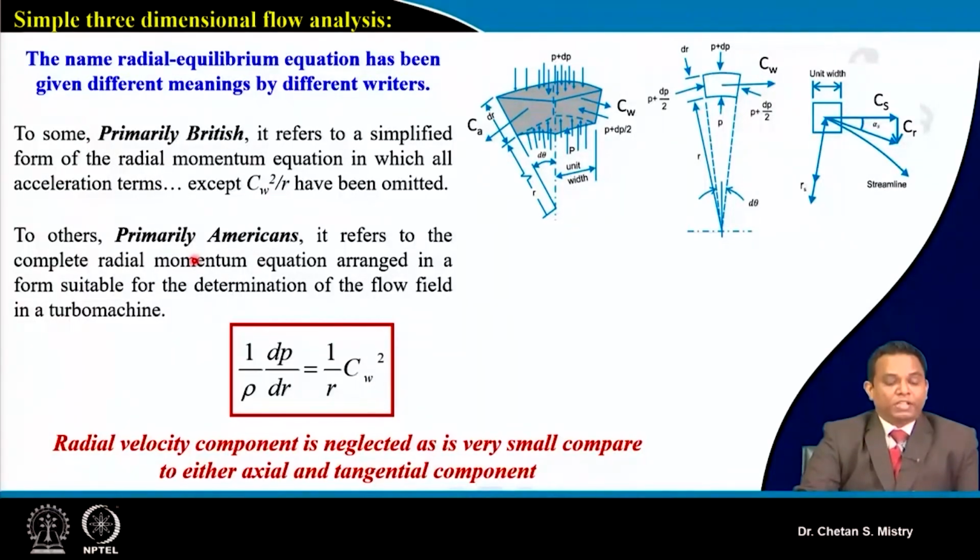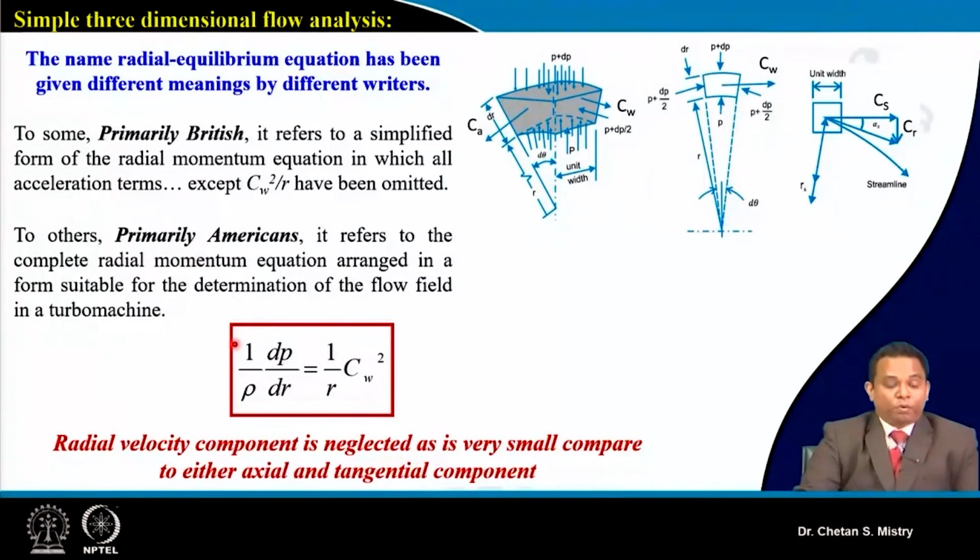For Americans, they say this is a more complete radial equilibrium equation, arranged in a suitable form in order to determine the flow field within the turbomachinery.